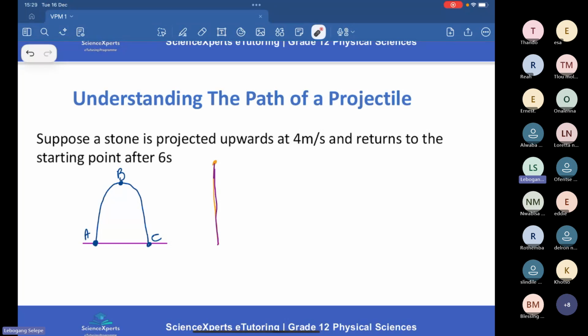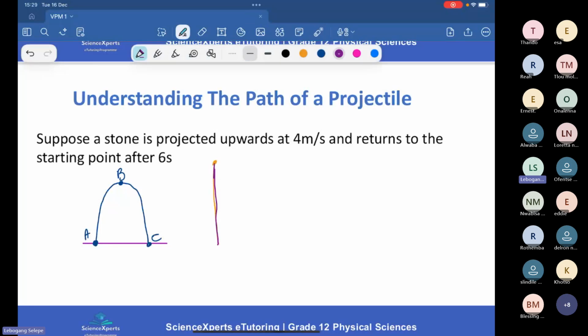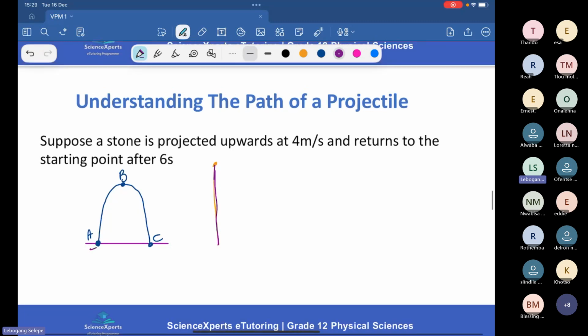Yes, sir. All right. So now, remember, this is a parabola, right? The velocity here, not the position, the velocity, right? So the velocity here is 4 meters per second. But parabolas are symmetrical along what?